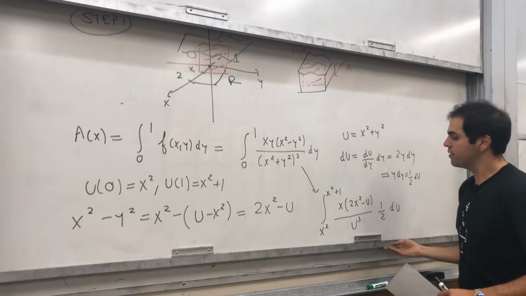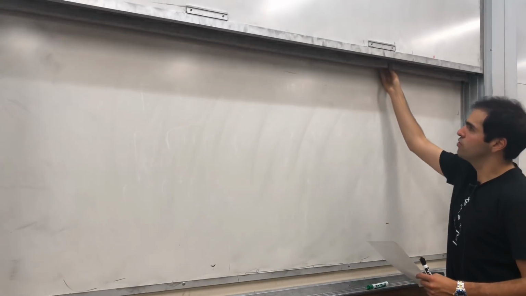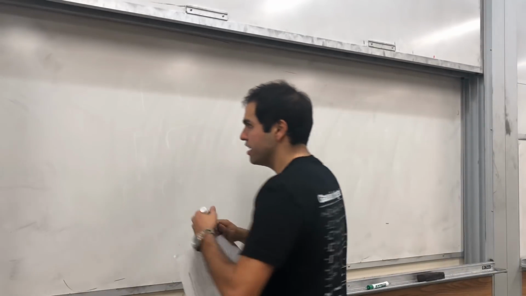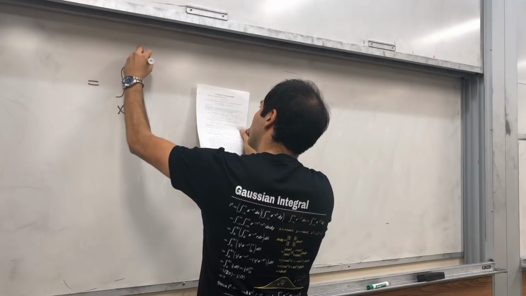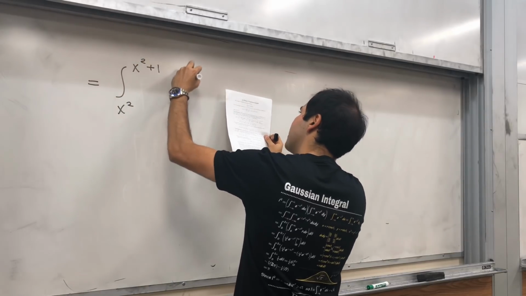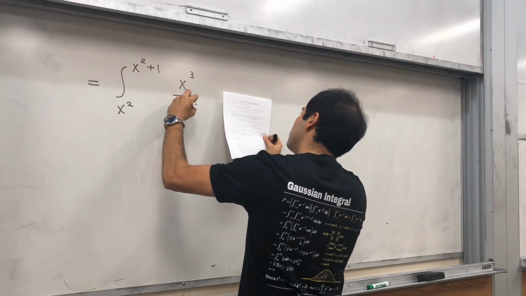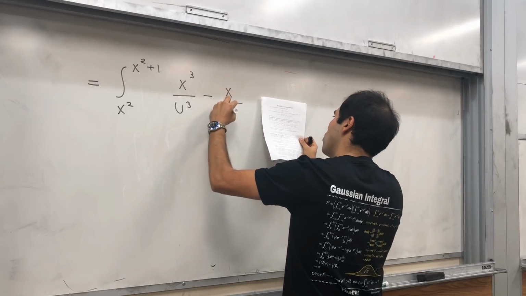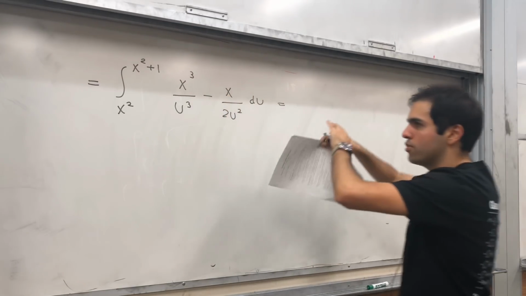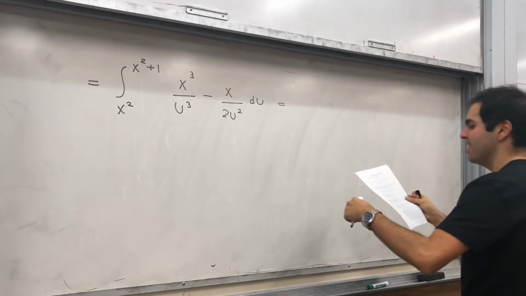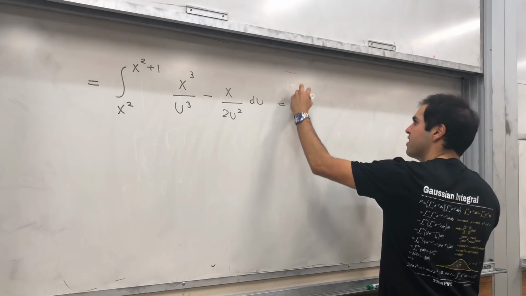This simplifies to the integral from x squared to x squared plus 1 of (x cubed over u cubed minus x over 2u squared) du. Just split up the fraction and calculate.